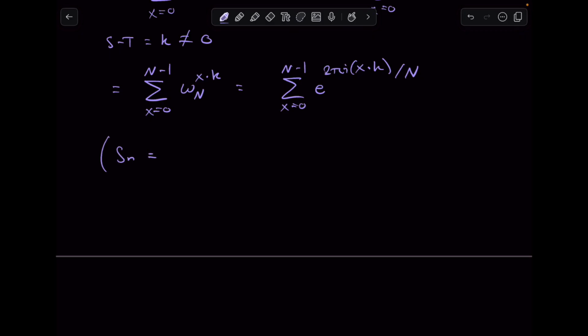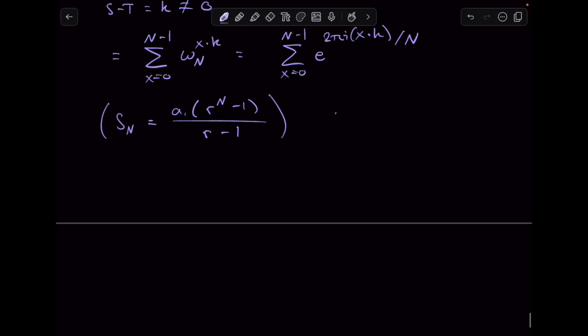So the sum, and I'll just use big N here, or the sum from the first term to the nth term is equal to the first term times the ratio to the power of n, minus 1, and then over the ratio minus 1.